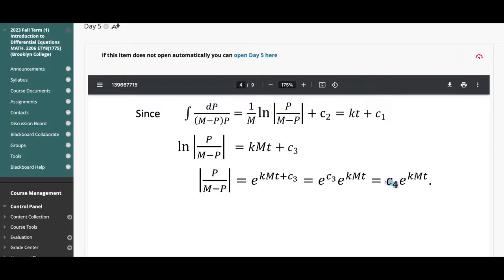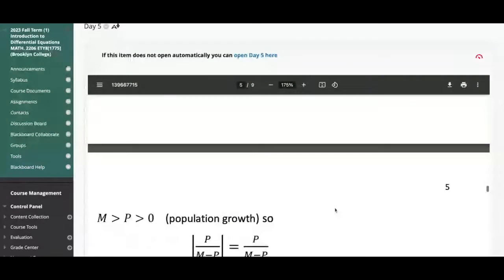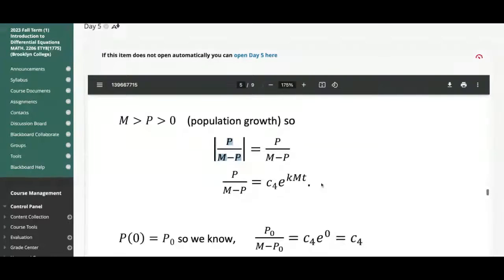So this e to the C3, we can just write as a constant. We use C4 to represent it. So the solution is a constant multiplied by e to the kmt. And indeed, population we don't measure negatively, so we don't need the absolute value sign.